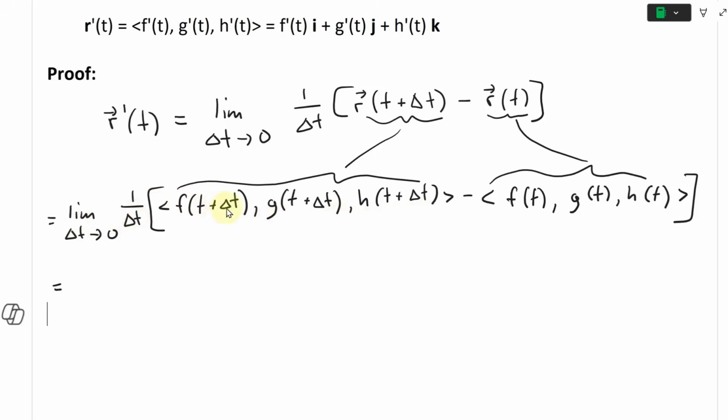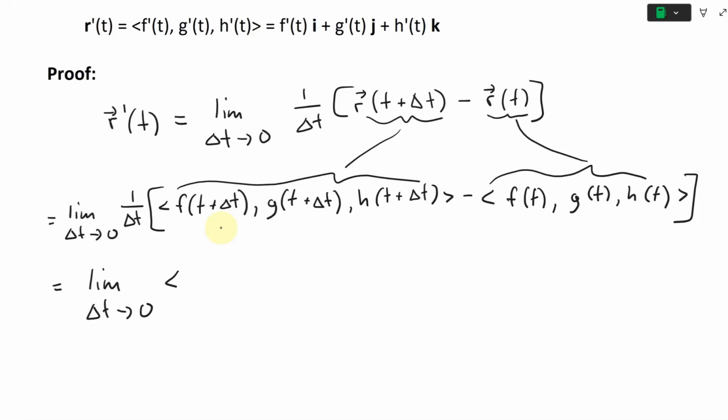But also before that, we're going to subtract these all. So we can just take these two vectors and subtract the components. So this f of t plus delta t, then we subtract f of t, and then divide by delta t. So this equals the limit as delta t approaches 0 of, and now we're going to have a giant bracket.